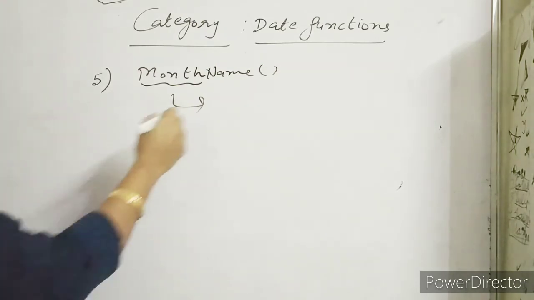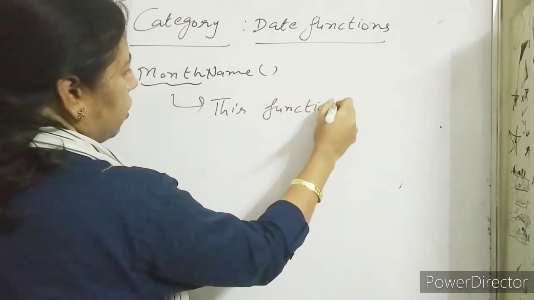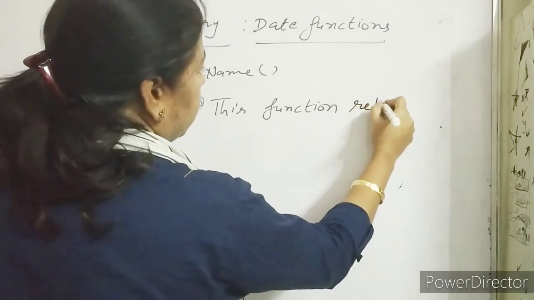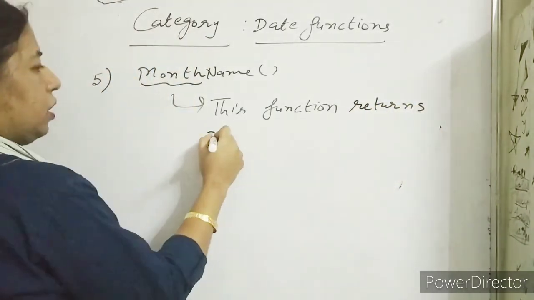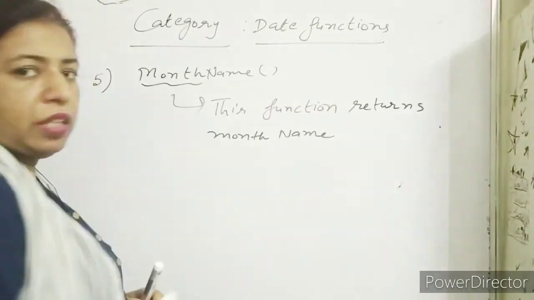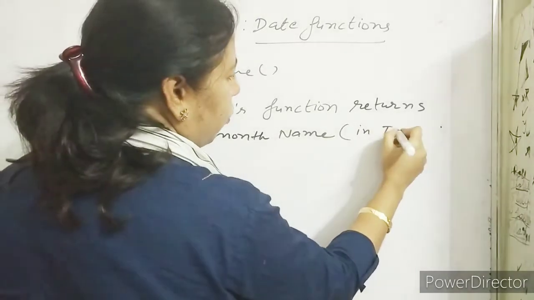What does it return? This function returns the month name. The previous function returns the month number. This function returns the month name in text format.